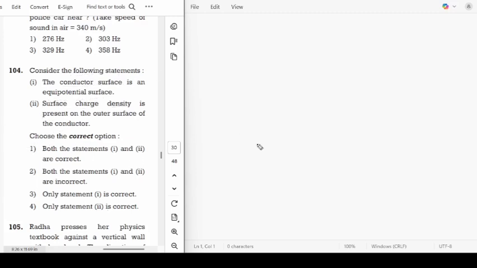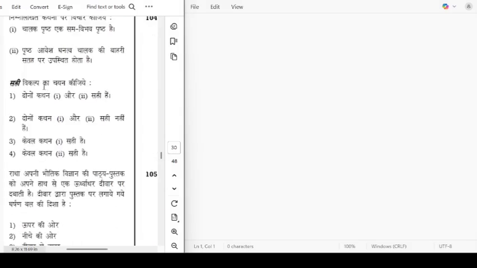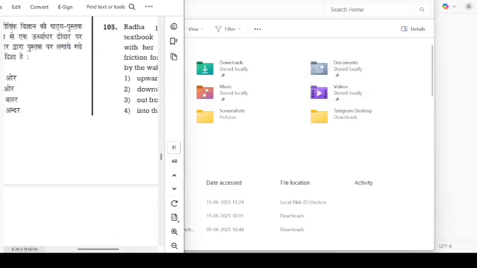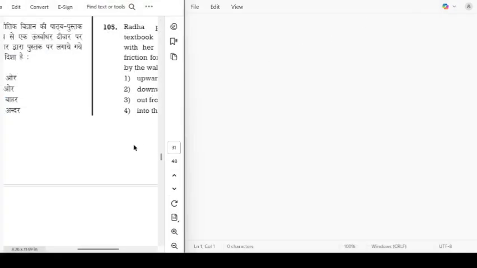Question number 105. Radha presses her physics textbook against the vertical wall with her hand.